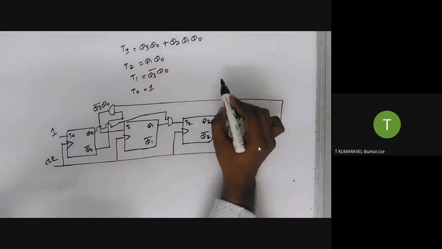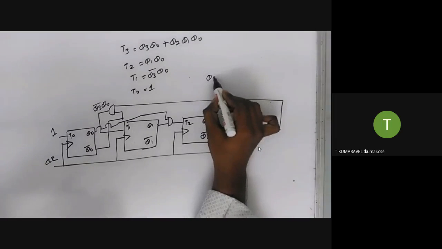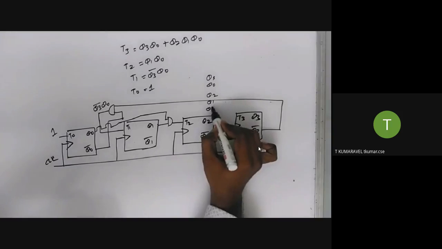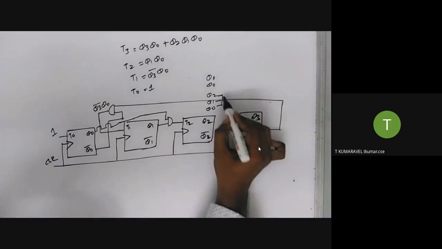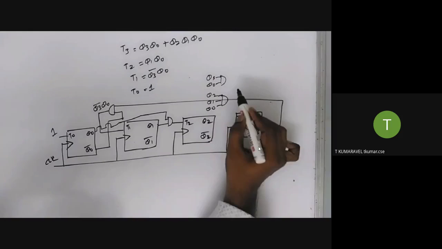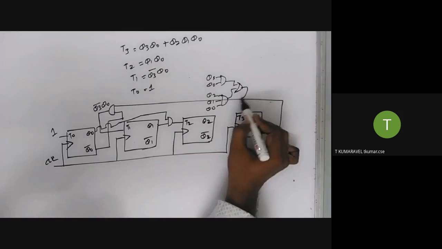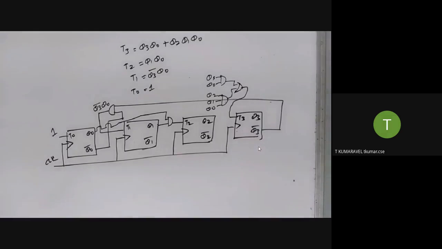The T3 input is Q3 Q0 and Q2 Q1 Q0. This is the input for one AND gate, and this is the input for another AND gate. Then it requires one more OR gate. The output of the OR gate is the input for T3.